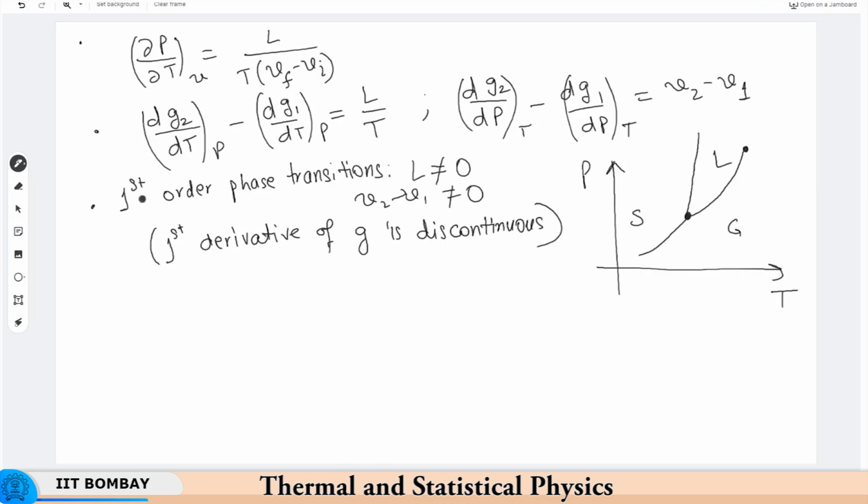That is the reason this is known as a discontinuous transition or a first order transition, because in order to see the discontinuity we just have to take the first derivative. That is an easy way to remember this terminology.